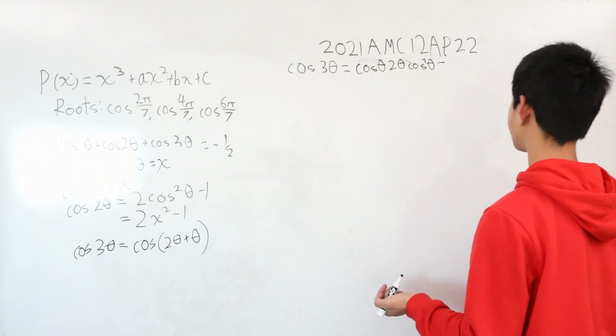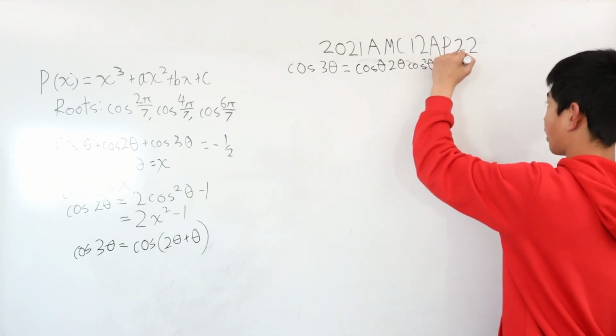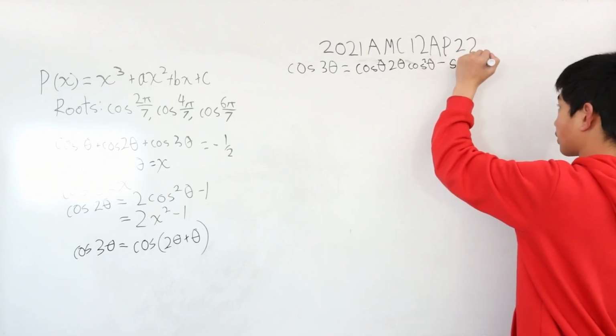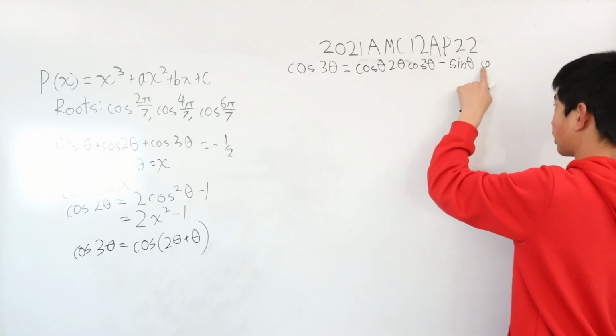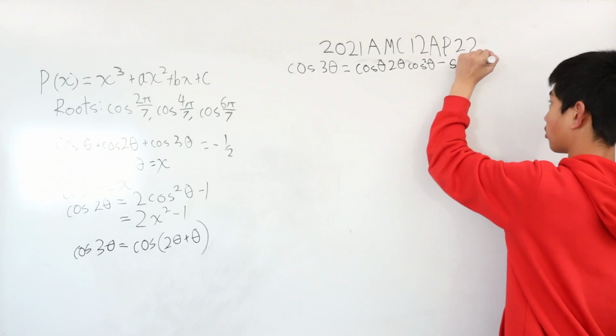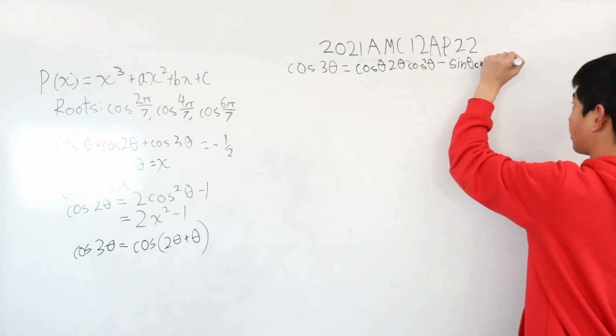This is sine of theta times sine of 2 theta, which is sine theta cosine theta times sine of theta again.